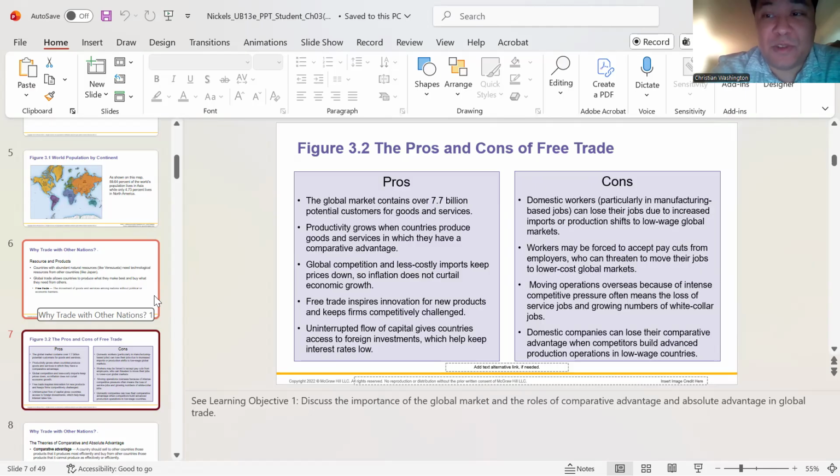Every country's unique. Every country has a methodology for trying to manage what they do. Some countries can't grow certain things, right? They have to import everything. Some countries maybe are good at manufacturing something, but they're not good at producing the things. They don't have the raw resources.